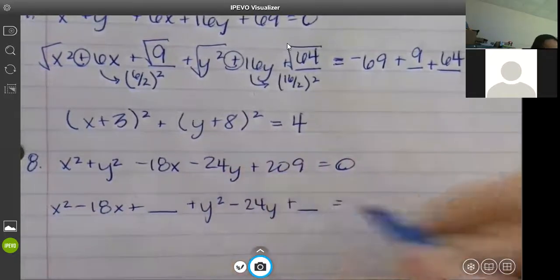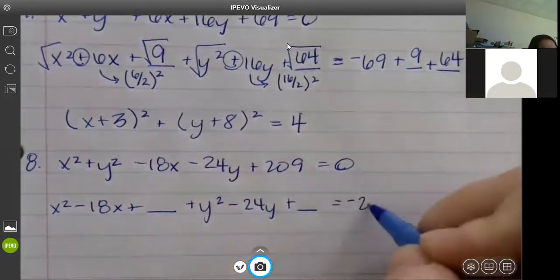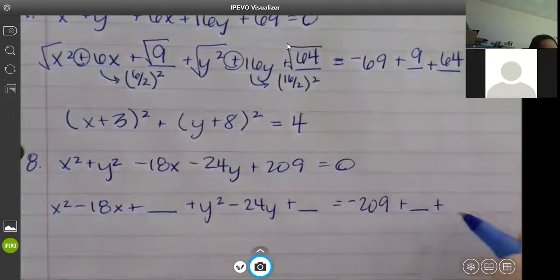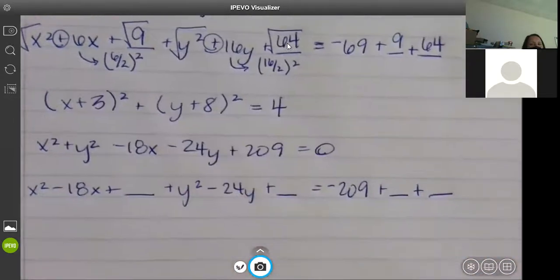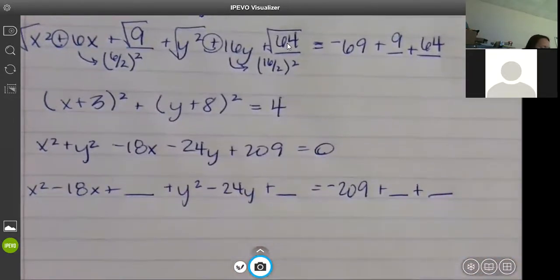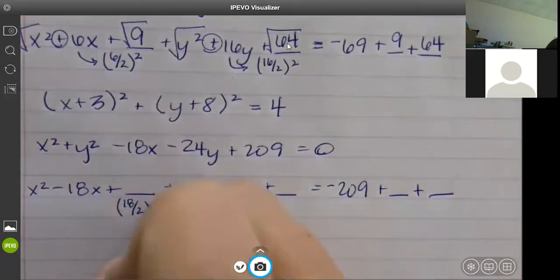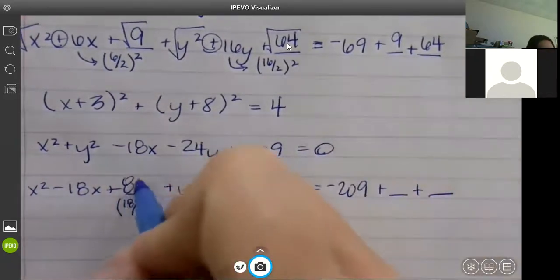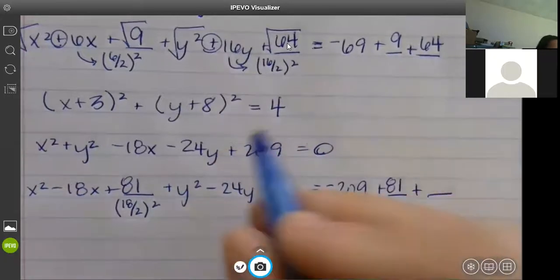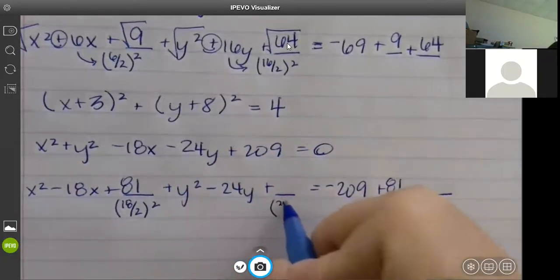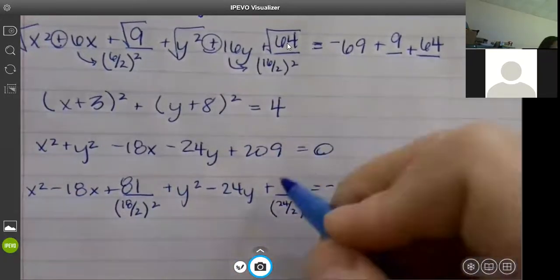Good. Equals? Move your 209 over. What I do to one side, I do the other. So 2 blanks as well. First blank: 18 divided by 2, squared. Next blank: 24 divided by 2, squared.